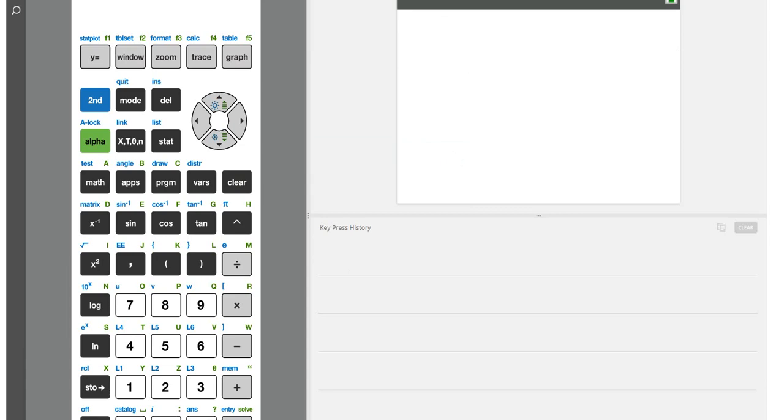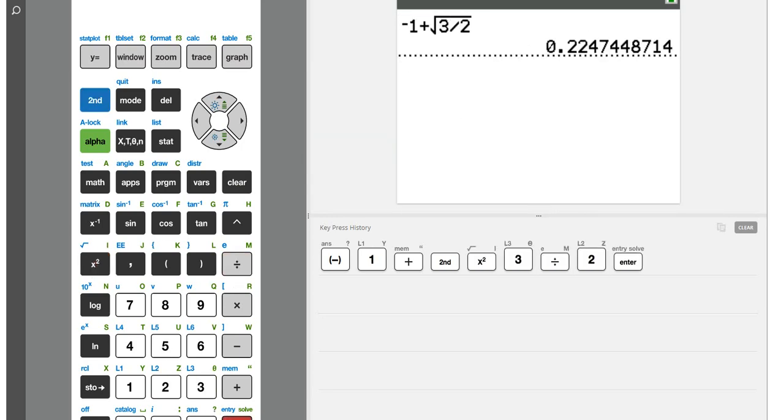All right, so -1 plus the square root of 3 divided by 2. Okay. Now, when I look at your graphs, I'm not going to take out a magnifying glass and go, oh, I see you. Sorry, that was -0.23.